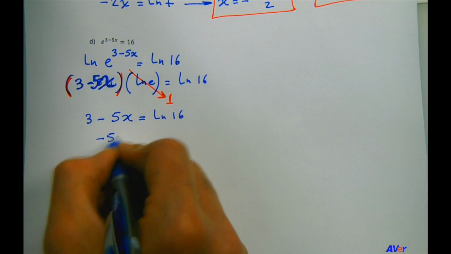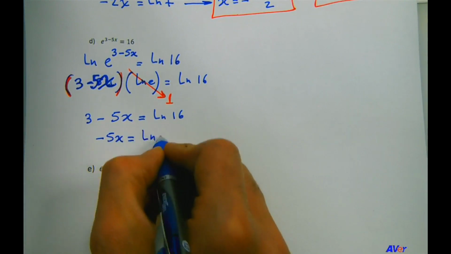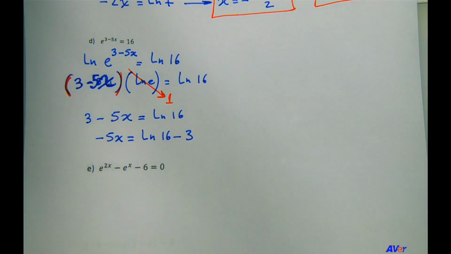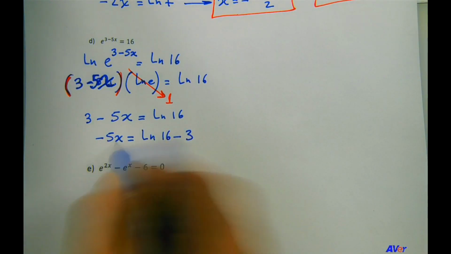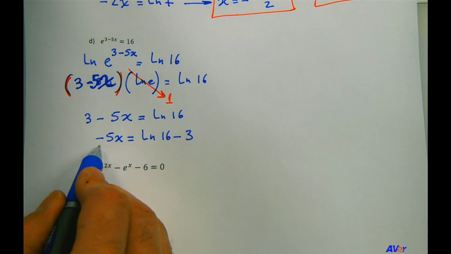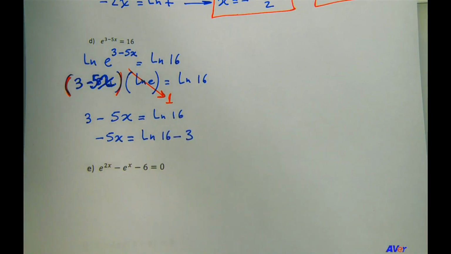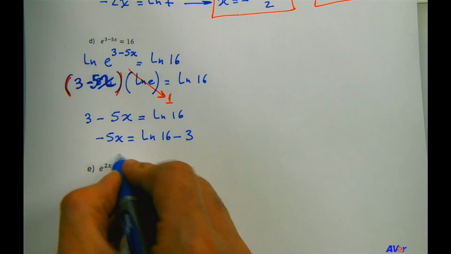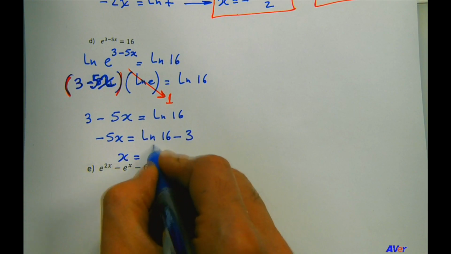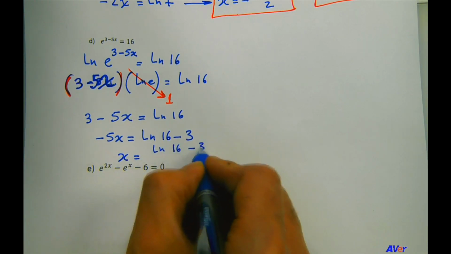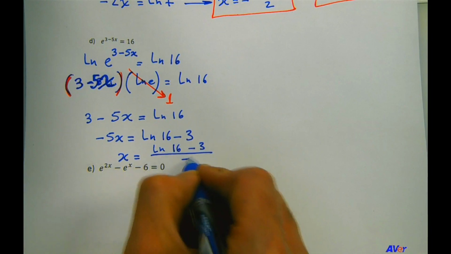So negative 5x equals natural log of 16 minus 3, right? And we're solving for x, so divide both sides by negative 5. So we have x equals natural log of 16 minus 3 divided by negative 5.